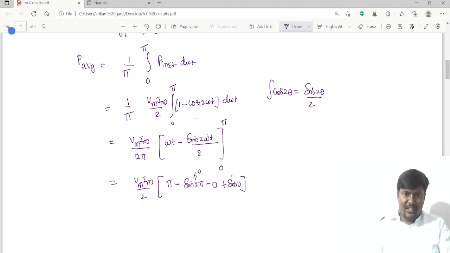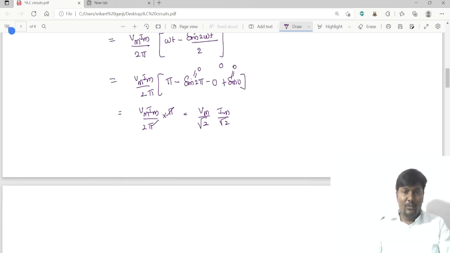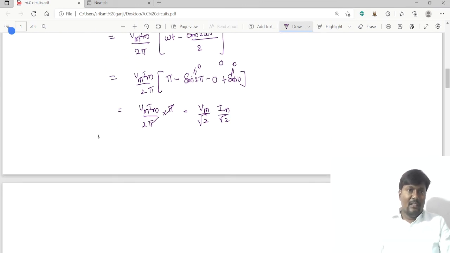Sin 2 pi is 0, and sin 0 is also 0. Then I got Vm Im by 2 pi into pi, and the pi will be cancelled. Then this can be written as Vm by root 2 into Im by root 2. Then the average power is equal to Vrms into Irms.